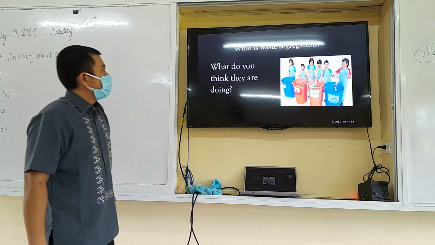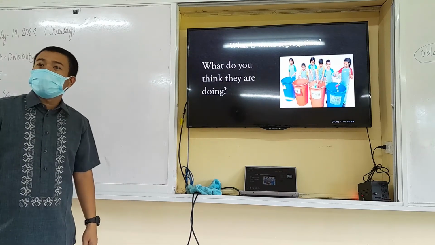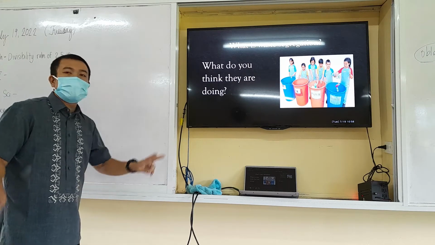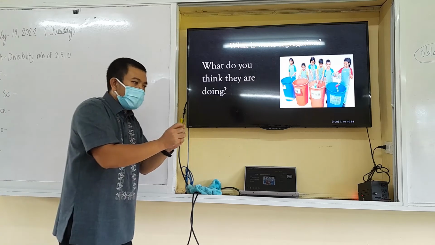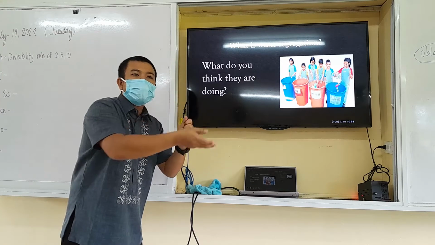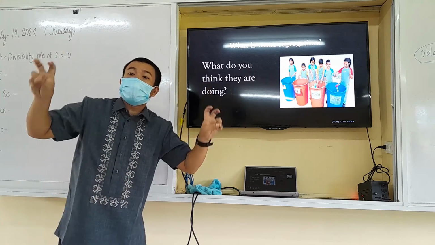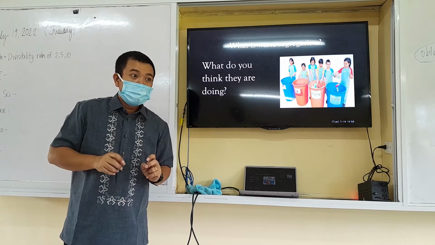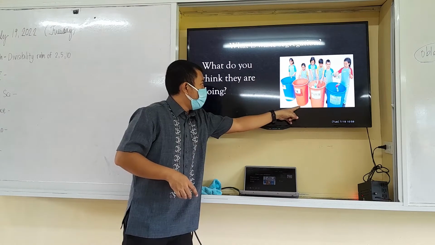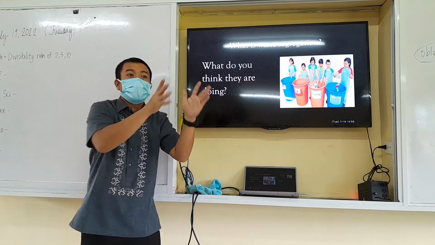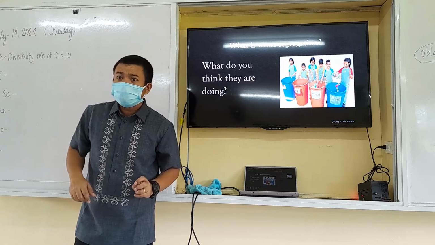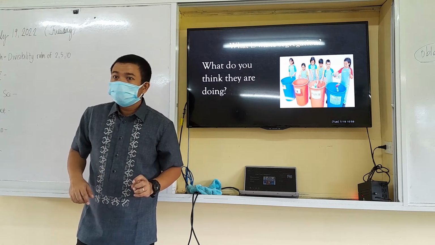Alright. Now, what is waste segregation in the first place? When you talk about waste segregation, from the word segregate, it means that you are going to group the waste materials based on their category or kind. You can see plastic, paper, bottles, tin cans, just like that. You segregate them based on their category. Why do you think it's very important to segregate? To protect Mother Nature.